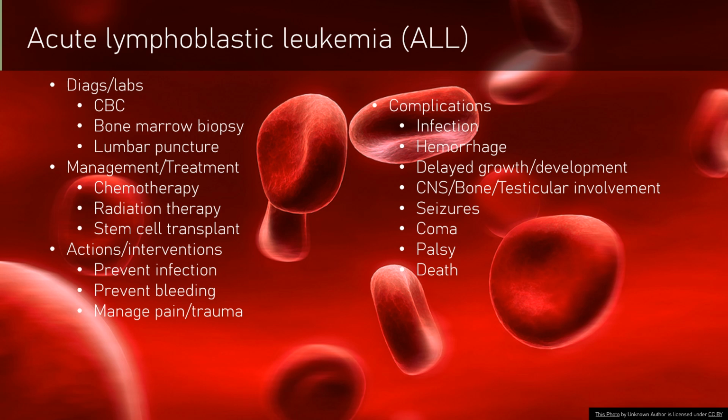We want to prevent bleeding overall because they're going to have thrombocytopenia. So we're not going to do IM injections, sub-Q injections, or rectal temperatures for any child that has thrombocytopenia.